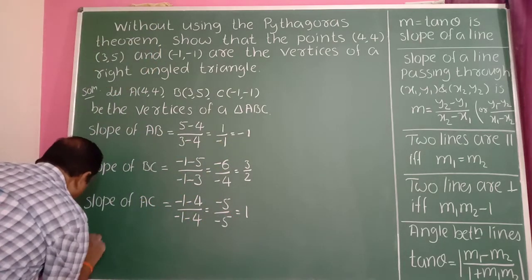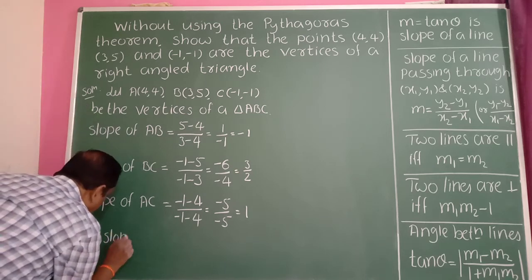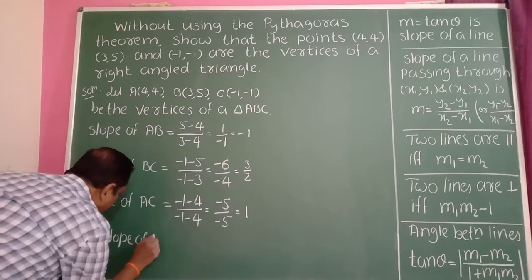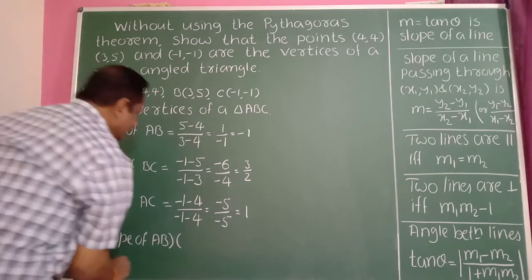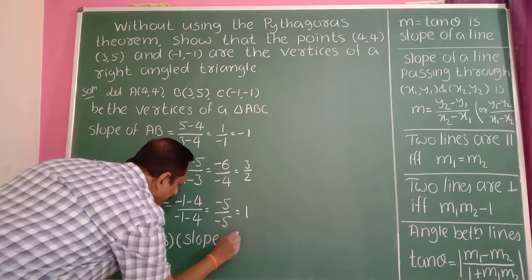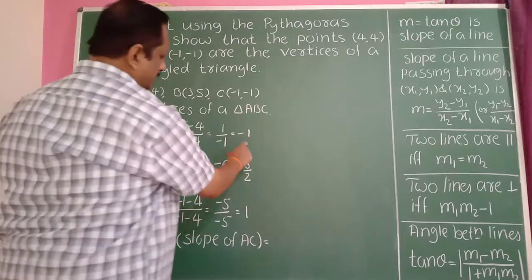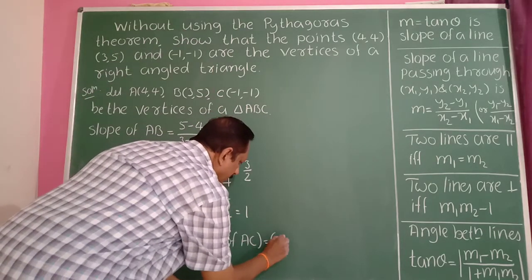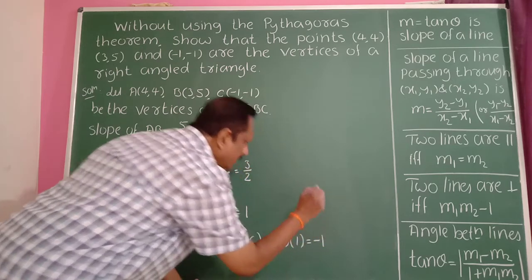Therefore, the slope of the side AB into the slope of the side AC is equal to minus 1 into 1, which gives minus 1.